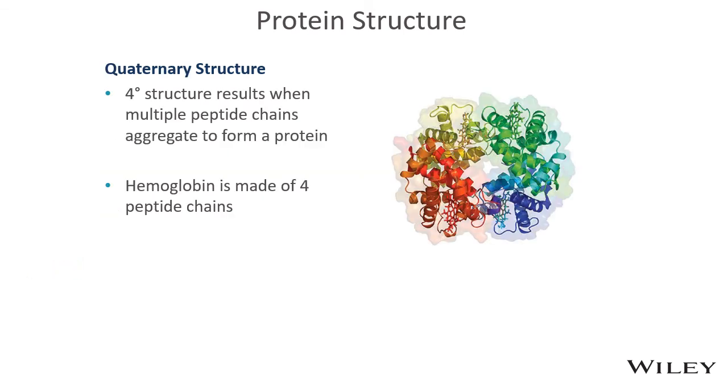The quaternary structure is when multiple peptide chains come together and interact with each other to ultimately form a protein. For example, hemoglobin is made up of 4 peptide chains that all interact with each other to form one structure that has a specific function. So amino acids play a very important role in biological systems.